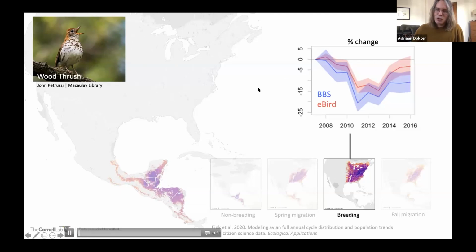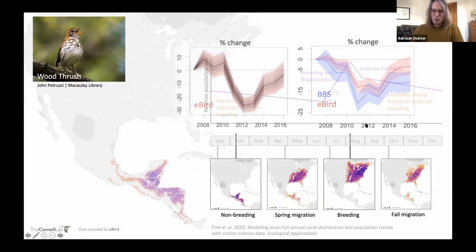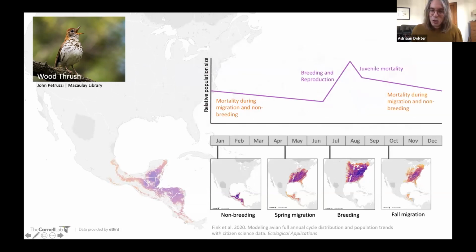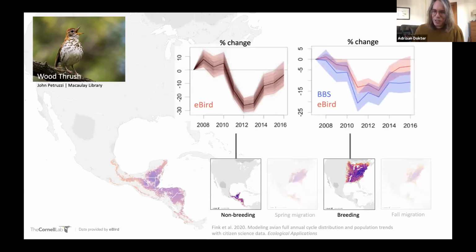And even maybe more surprisingly, we can also do that in the non-breeding season. So here, these are eBird data collected only in the non-breeding season, and we see the same sort of fluctuations and patterns of change measured in a totally different region.